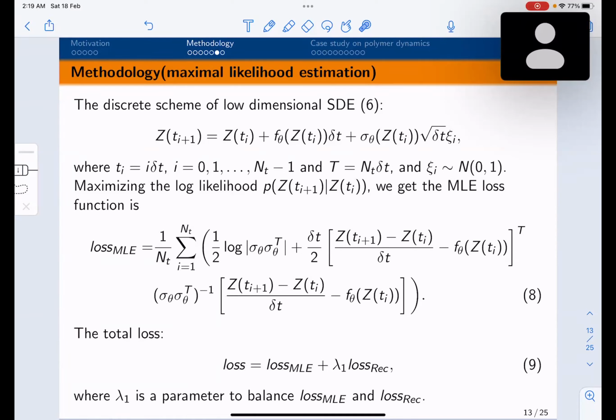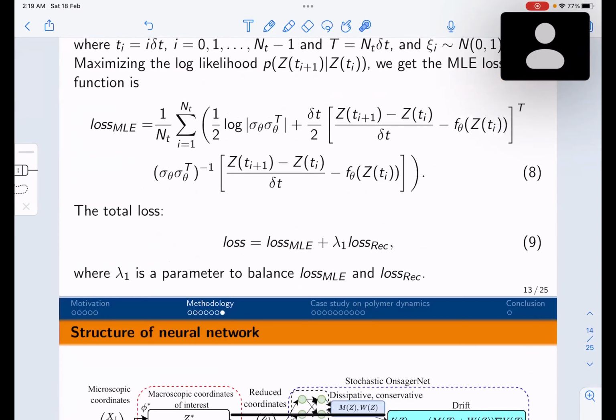So we have constructed a loss function for the high dimension and also the low dimension. The high dimension uses this one, and for the low dimension we use maximum likelihood, this one. Then we sum them together and add a parameter lambda 1 here. Lambda 1 is a parameter to balance the two losses. Okay.